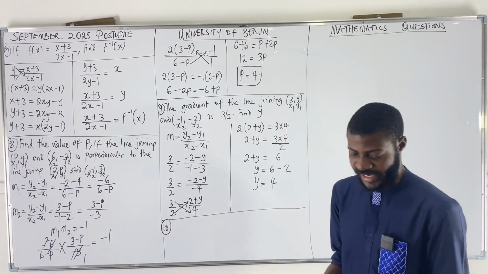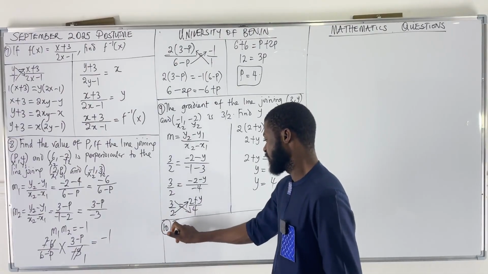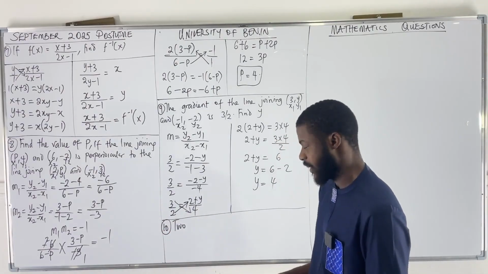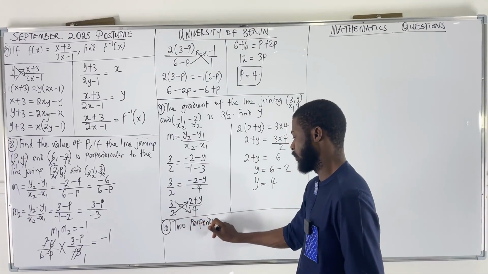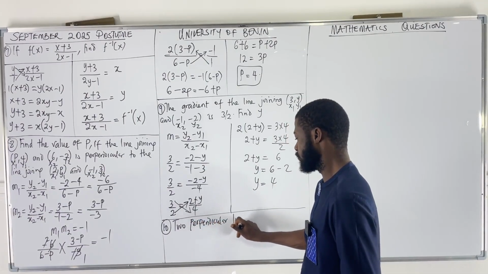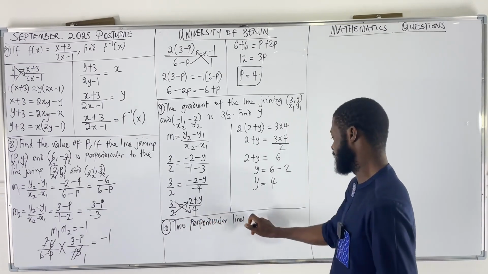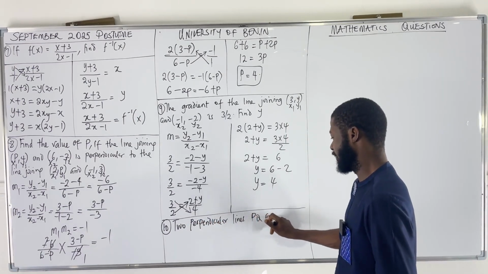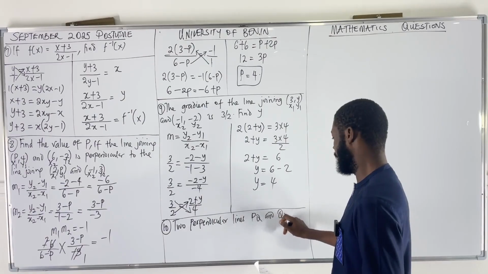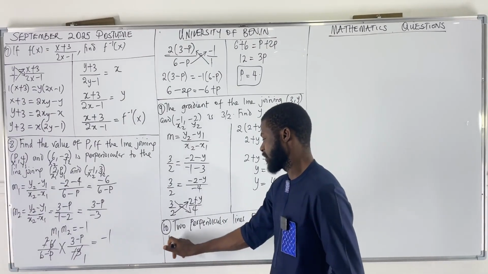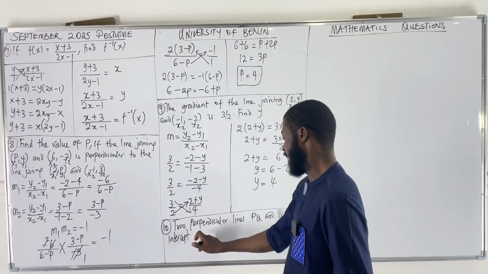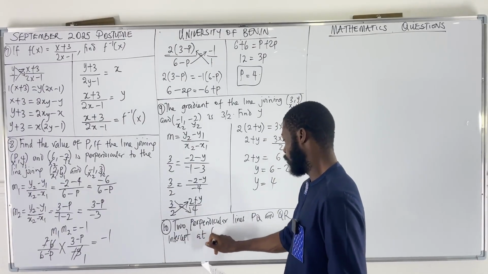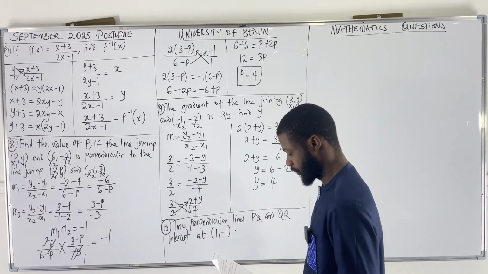Question 10. Let us go to question 10. This was a past paper. This very one was a past exam. Two perpendicular lines PQ and QR intersect at 1 comma minus 1.